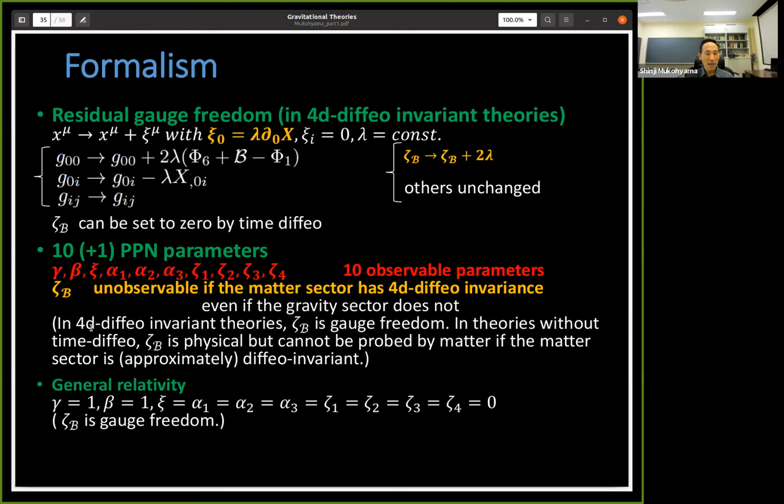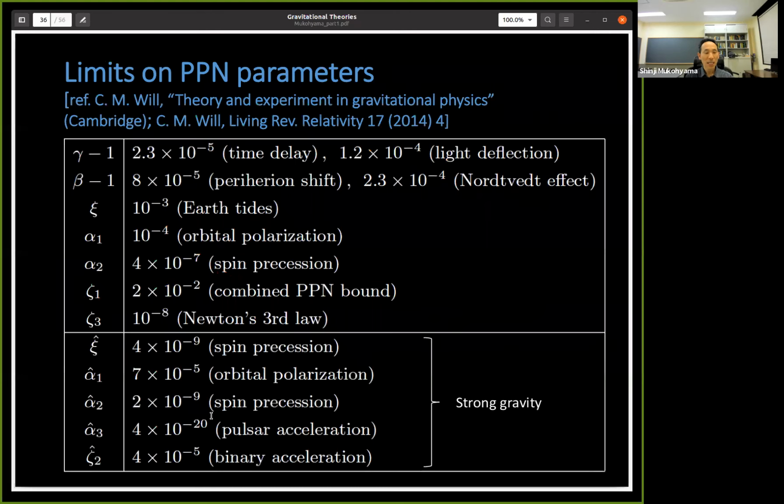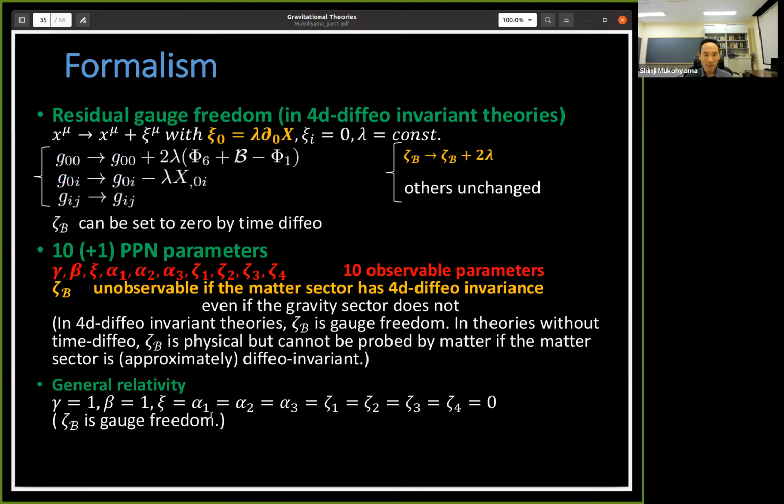By the way, GR has these values: gamma equals 1, beta equals 1, and all others are 0. And theta_b is gauge freedom, so we can set it to any value, say 0. So only gamma and beta are 1, all others are 0. Solar system experiments can constrain the deviation from these values.